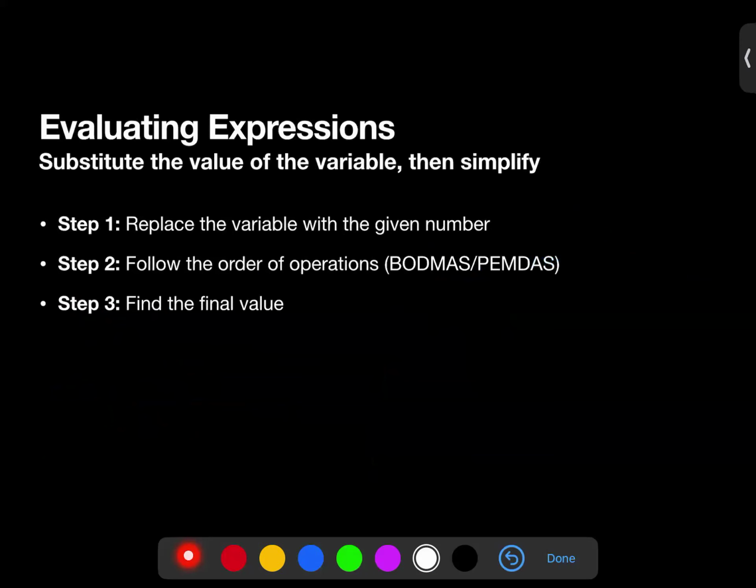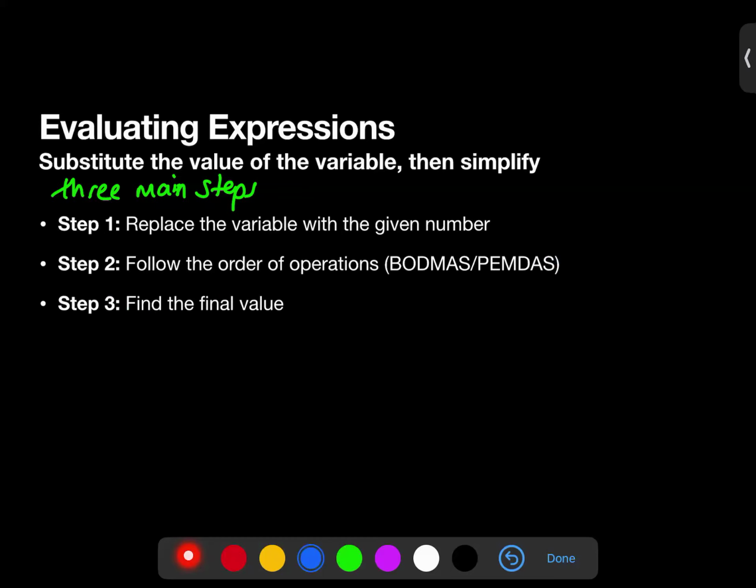So the next thing we'll learn is how to actually evaluate expressions. So how do we solve expressions? There are three main steps to evaluate expressions.